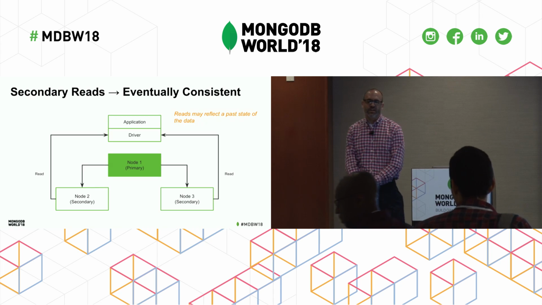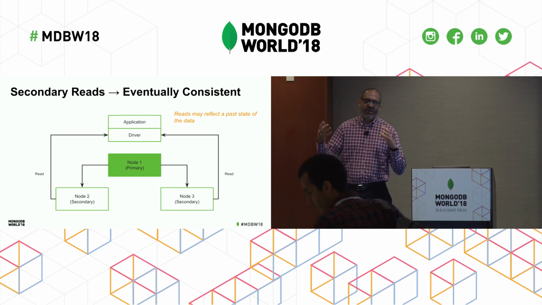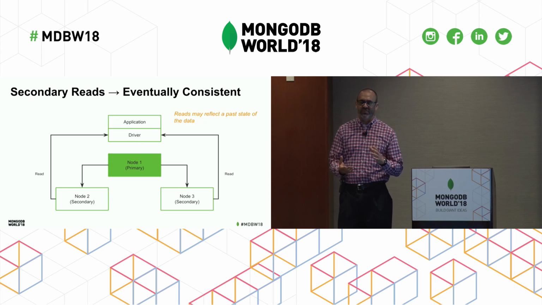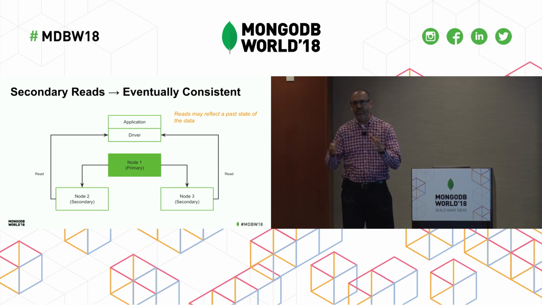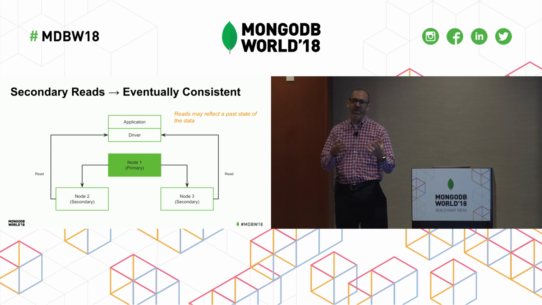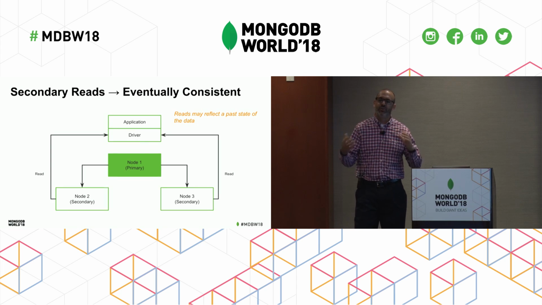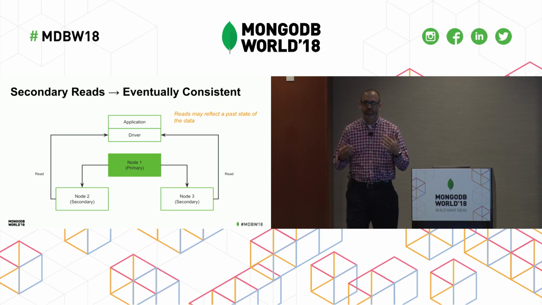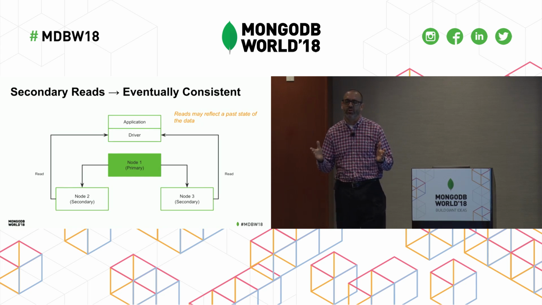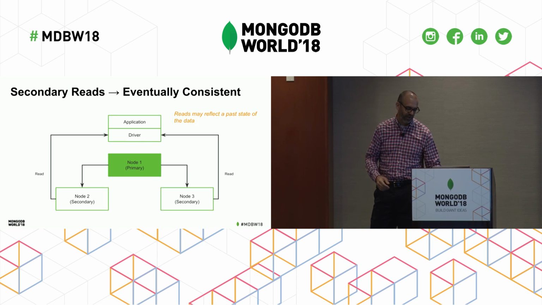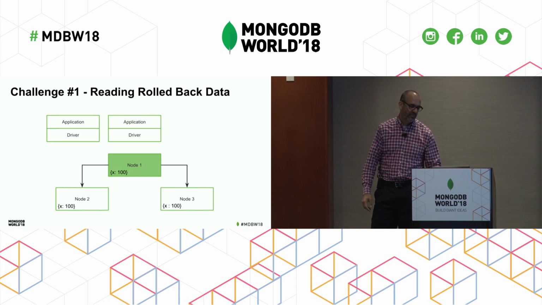If you read from the secondaries, I want to say eventually consistent, but it's a little bit better than eventually consistent, because in MongoDB we guarantee that the secondaries reflect a past state of the primary. The secondary may look like the primary did 300 milliseconds ago. When you read from the secondary, you get availability because you have more nodes, but you're sacrificing a bit of consistency.